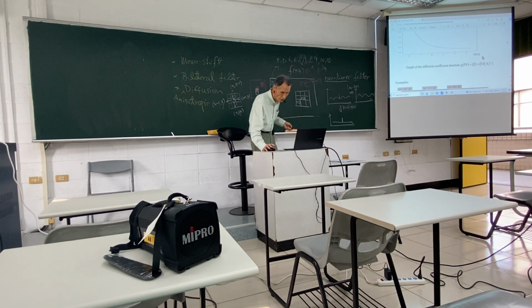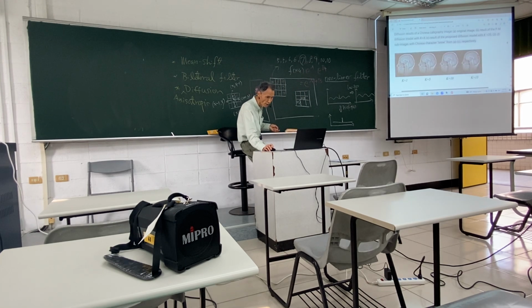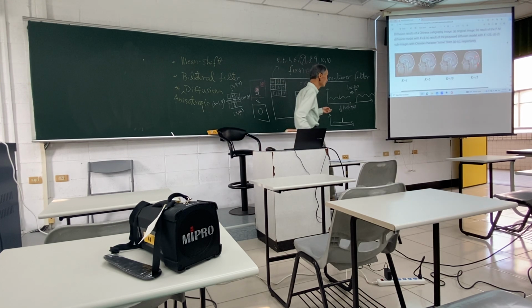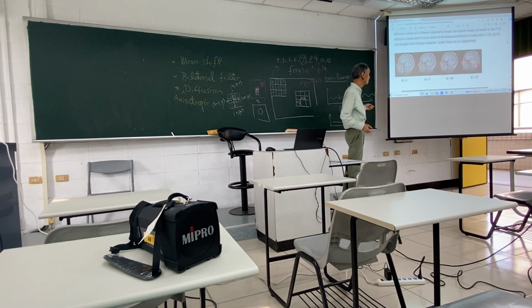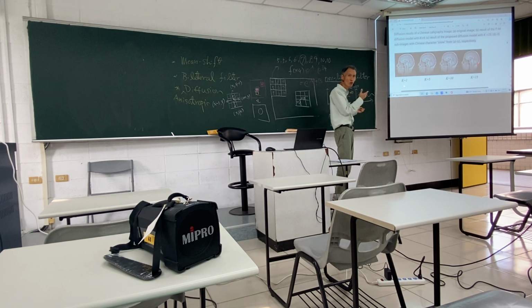So if K is getting larger, you see that the fine details are removed. The details are removed if K is quite large. For this example, I didn't say whenever K equals 13, it depends on your input. I didn't show the original image.